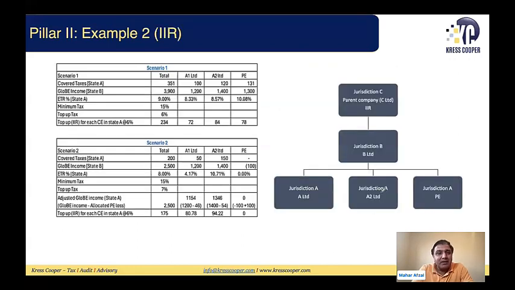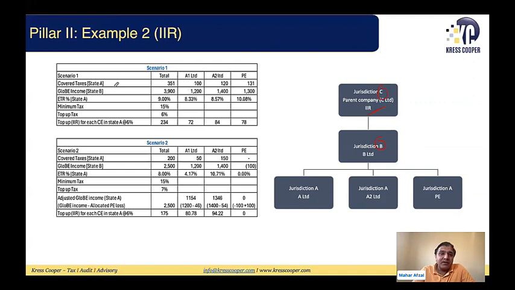Look into this second example. This is the application of IIR. This is jurisdiction C, this is jurisdiction B, this is jurisdiction A. The parent company, C Limited, is applying IIR. Let me look into this example.